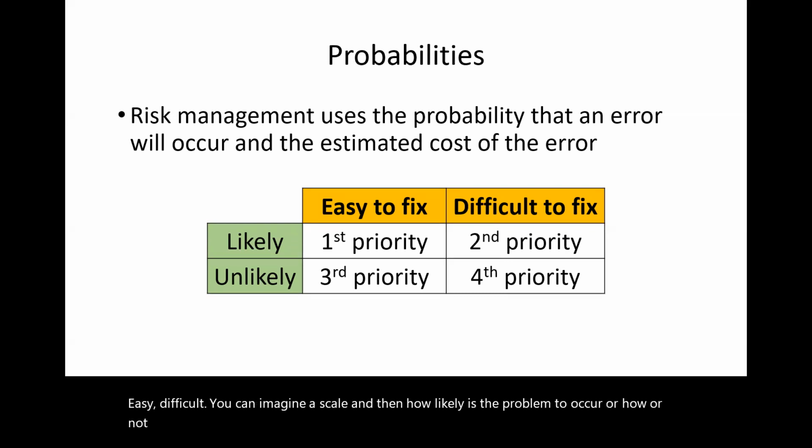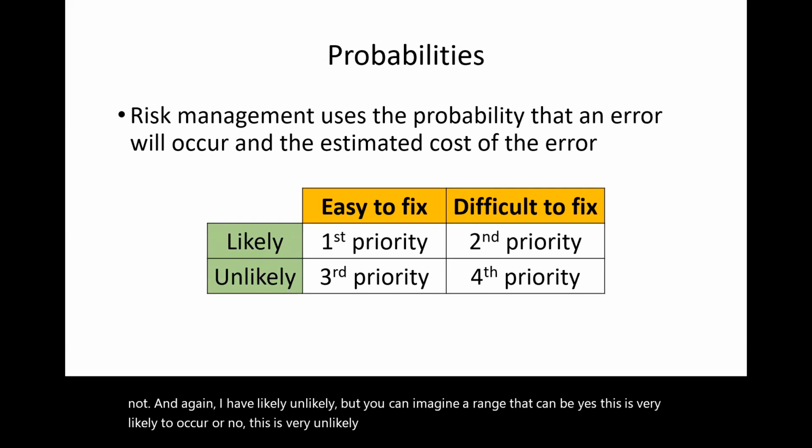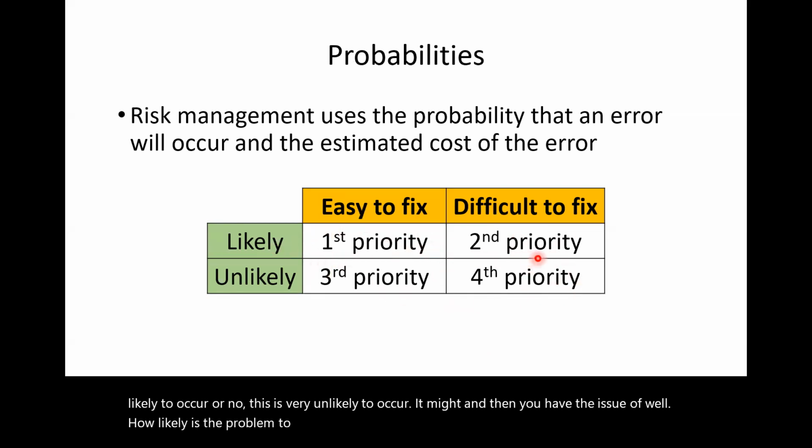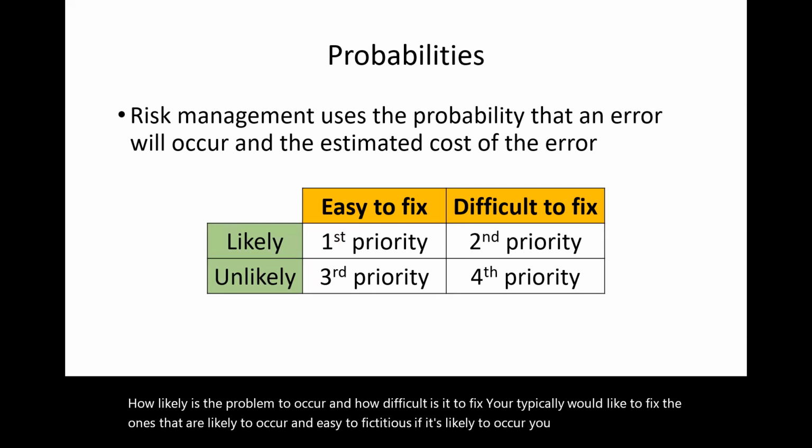Again, I have likely and unlikely, but you can imagine a range, from very likely to occur to very unlikely to occur. Then you have the issue of how likely the problem is to occur and how difficult it is to fix. You typically would like to fix the ones that are likely to occur and easy to fix. If it's likely to occur, you better pay attention to it pretty soon.